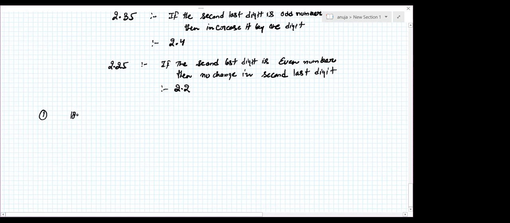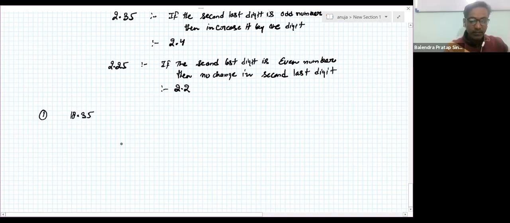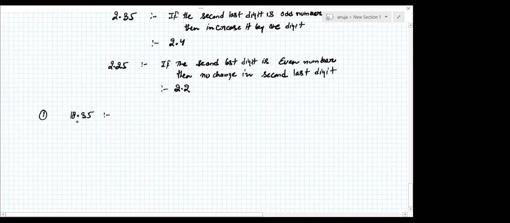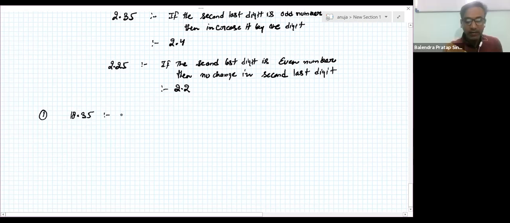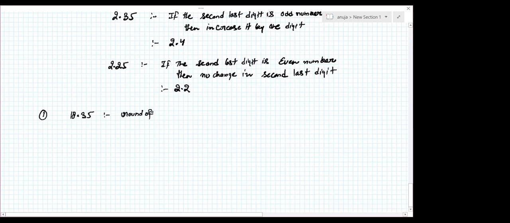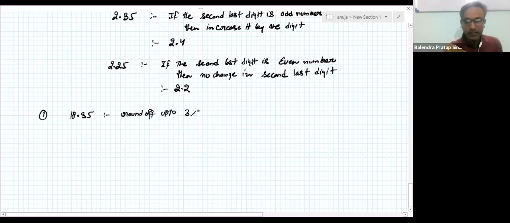If I have a number 18.35, it has 4 significant digits. If I want to round off up to 3 significant digits, what will be the answer?